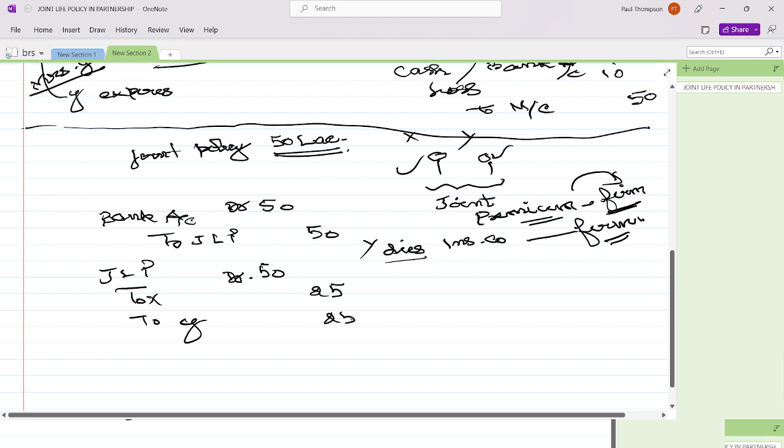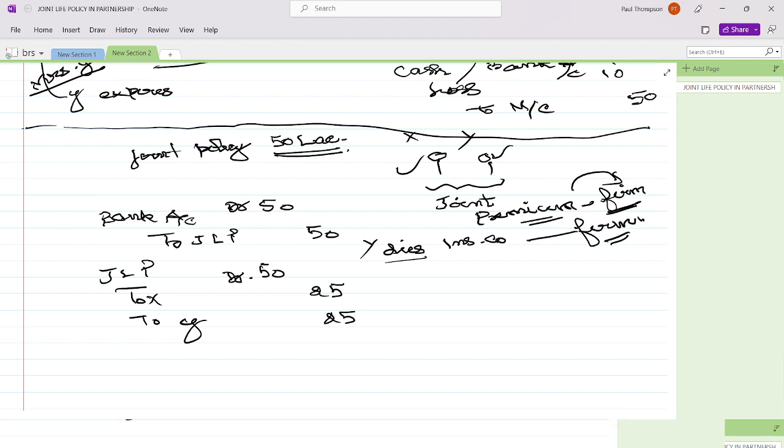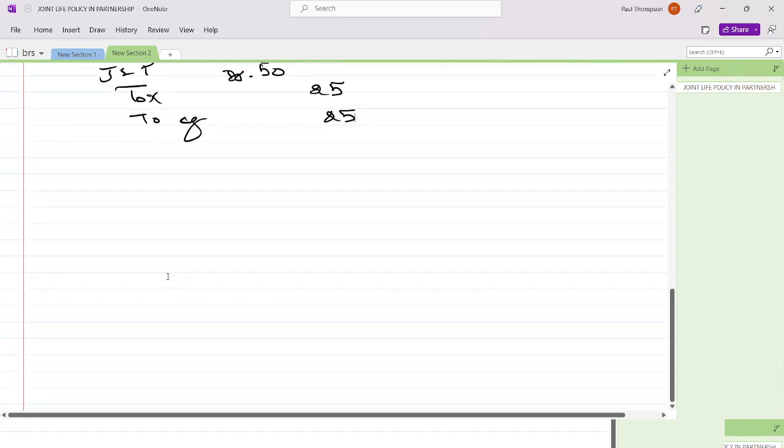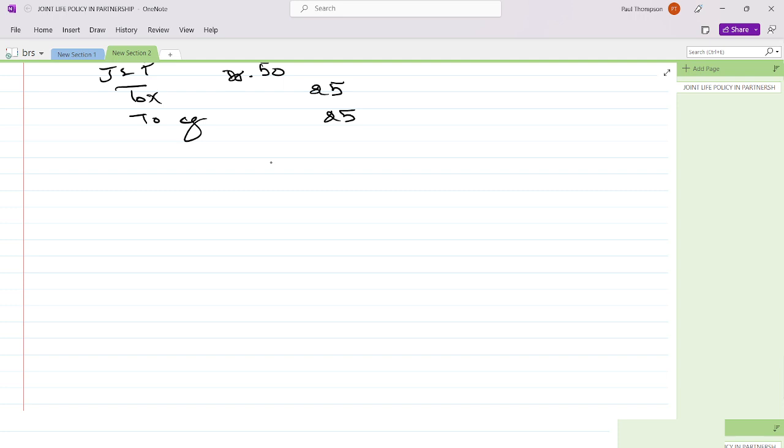Now what happens in the balance sheet? Now see here, in the balance sheet, Y has to be paid. Now what will X do in the balance sheet? X's capital is increased by 25 lakh.